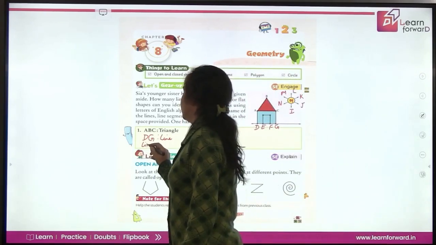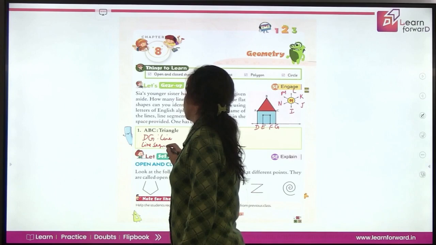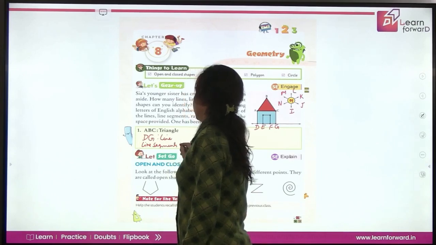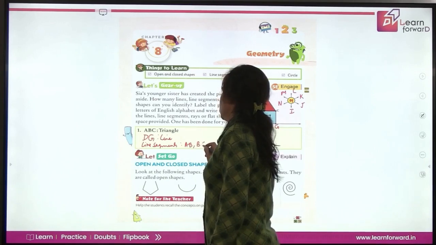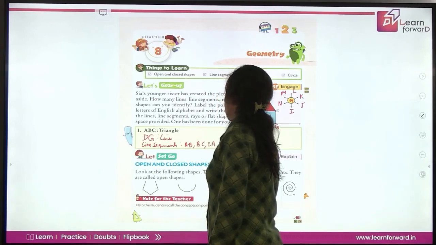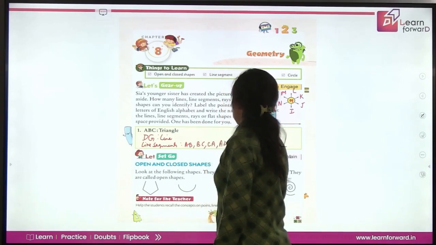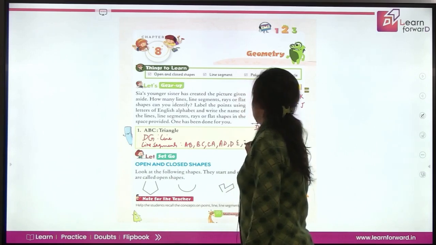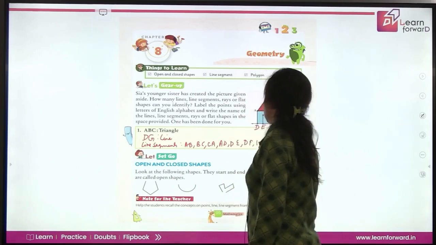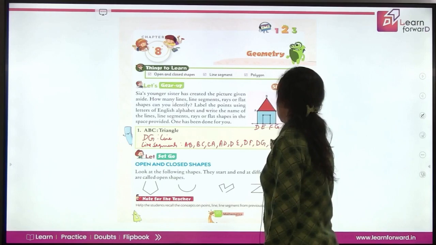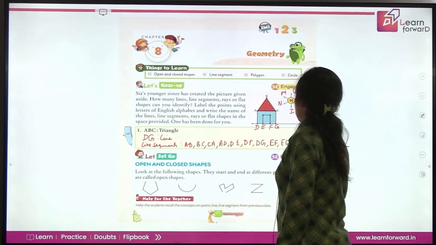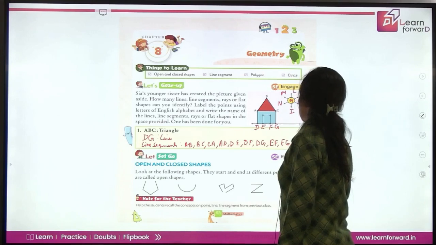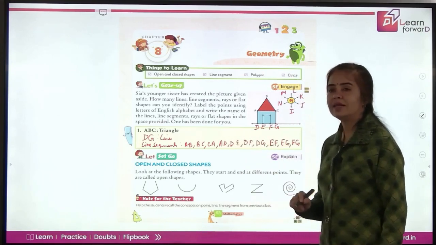We'll write here line segments and write down all the names: AB, BC, CA, then AD, DE, DF, DG, then EF, EG, then FG. All these are line segments here.